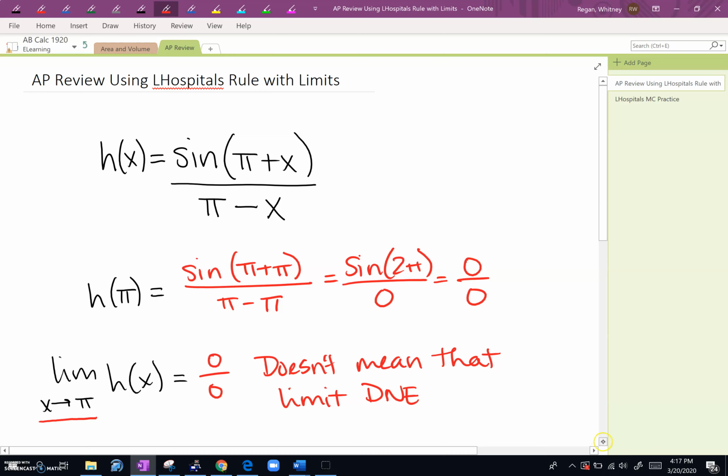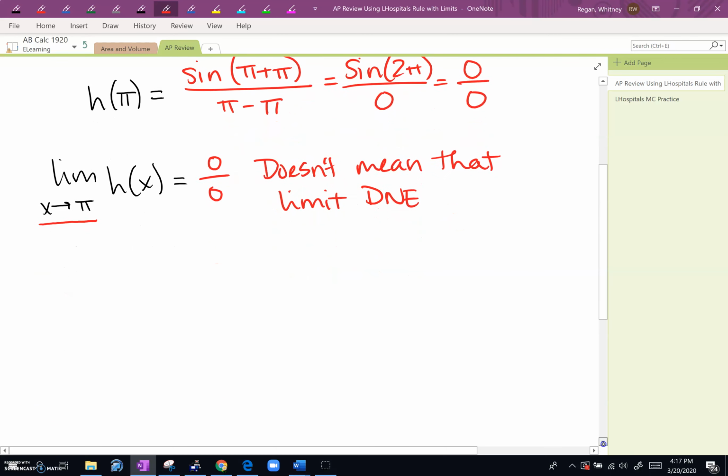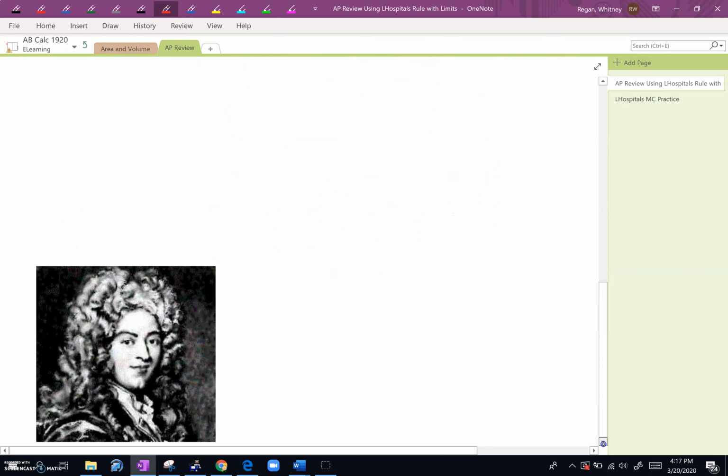What that actually means is that we start to use something called L'Hopital. So L'Hopital is a rule. Here's the dude.